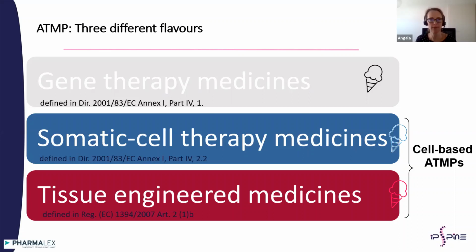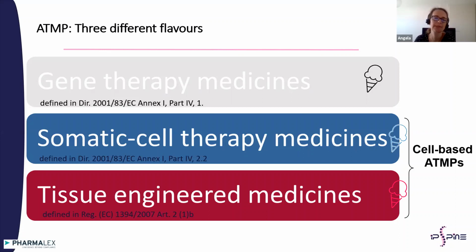So our problem in spinal regeneration is not that there was some genetic defect predisposing the individual and we're replacing the gene. Instead, we're replacing the tissue, as you all know. So we will leave those at the side for today and just look at the 2 other types, which are sometimes summarized as cell-based ATMPs.